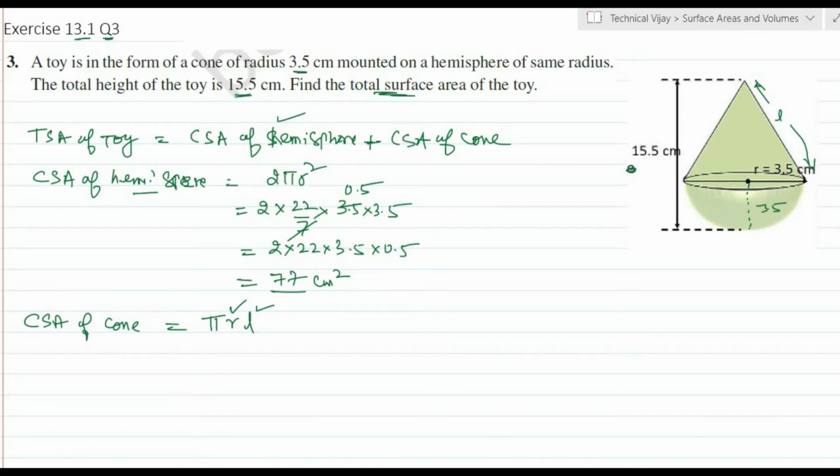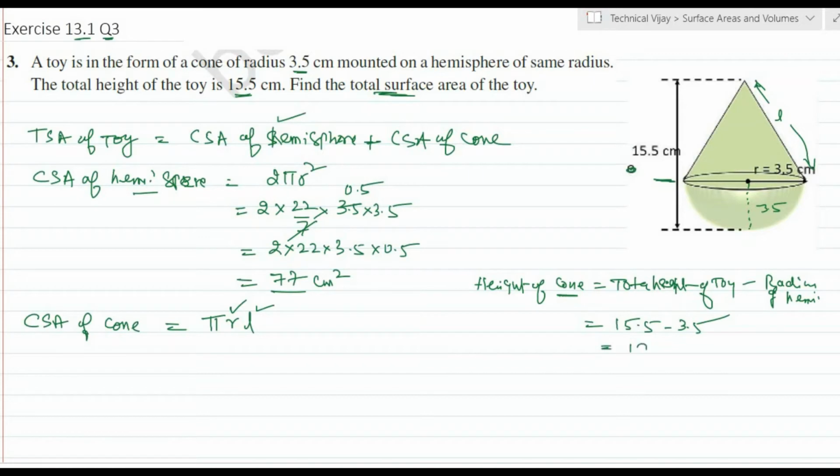To calculate l, first the height of this cone is equal to the total height of the toy minus the radius of the hemisphere. So this is equal to 15.5 minus 3.5, which is 12 centimeter.